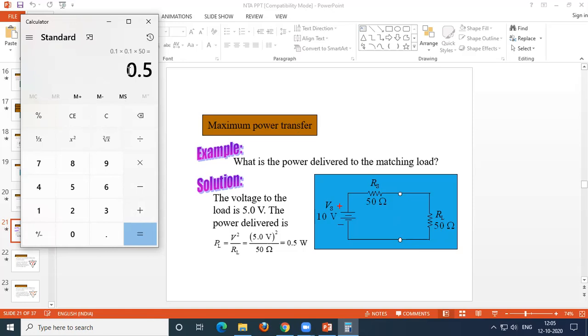That value is the same as our given value, 0.5 watt.